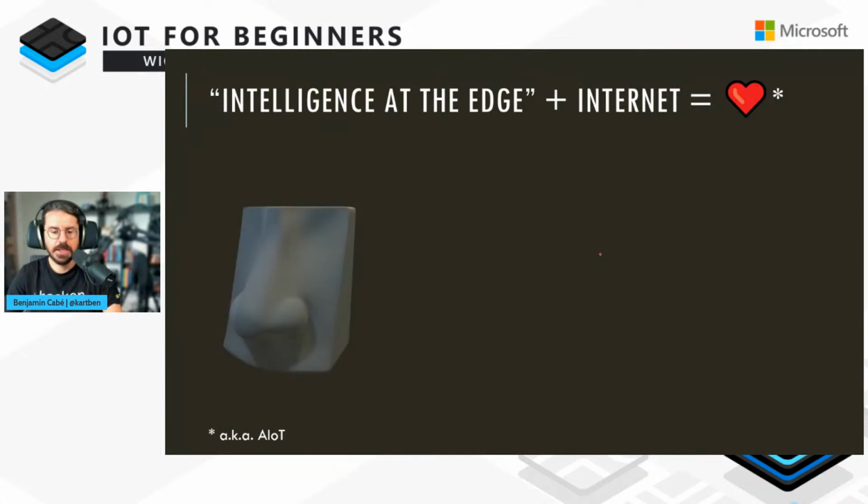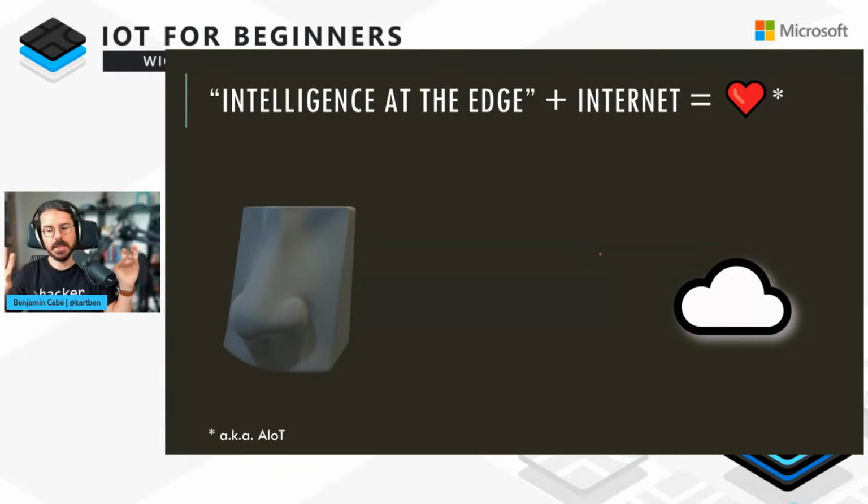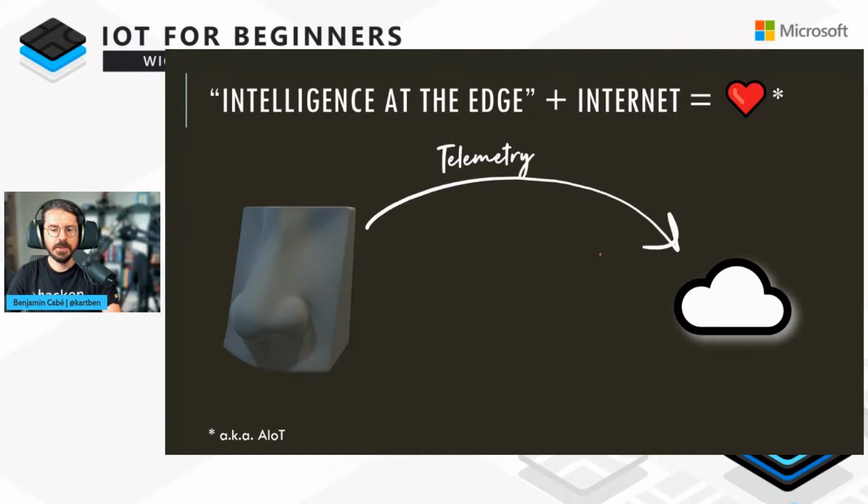Internet of Things. And so effectively, the nose can be connected to the internet, so that you have the nose on one hand and the cloud backend on the other. And to the question earlier about whether the telemetry can be sent to other things: yes, it can.